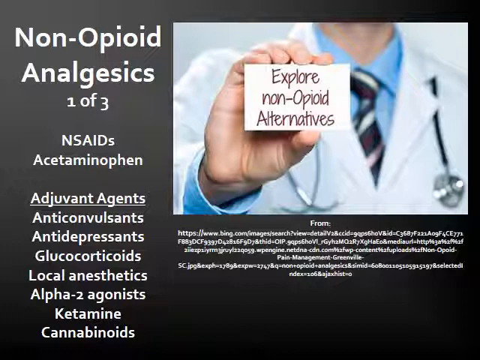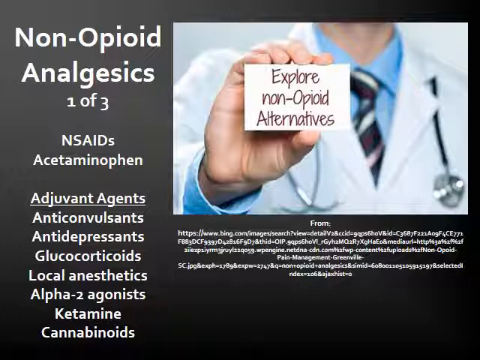Recently, this analgesic ladder has been modified to recognize that you can also use non-pharmacologic therapies in addition to the drugs, and it's not always an ascending ladder. In other words, you can step down as needed when pain is being controlled.